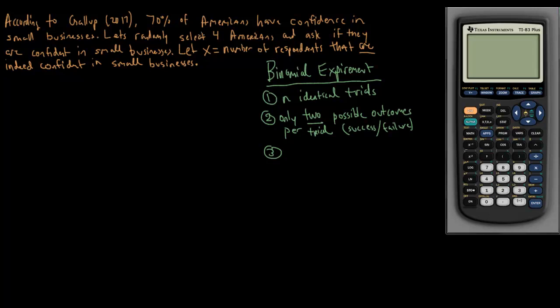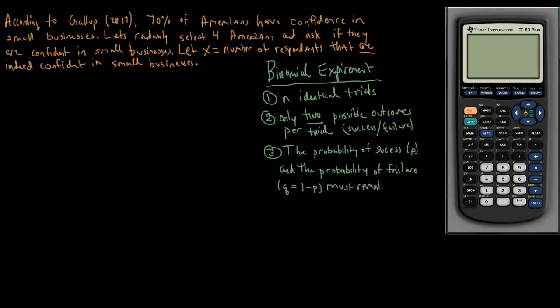Okay? Now, the third requirement is the two probabilities. That is the probability of success, we call that P, and the probability of failure, we call that Q, and it's equal to 1 minus P. These must remain constant.